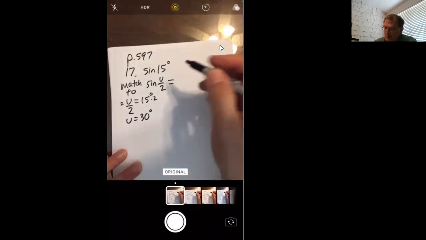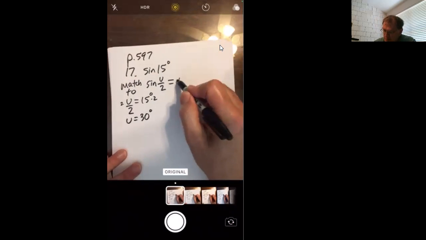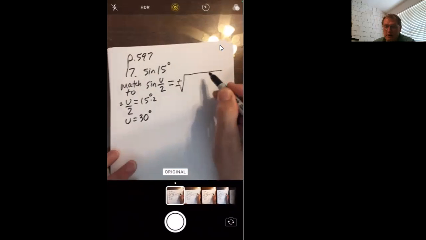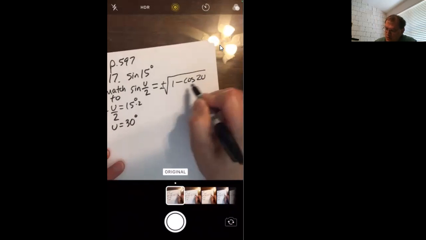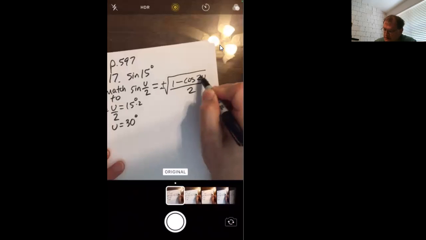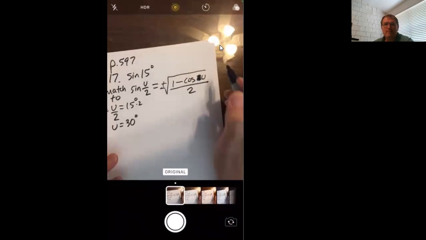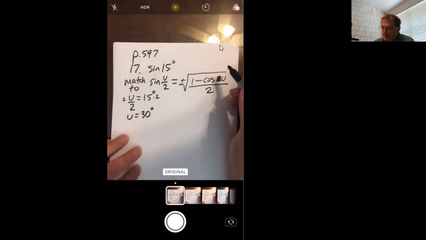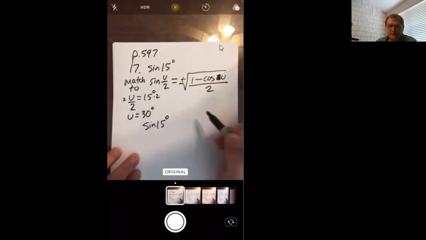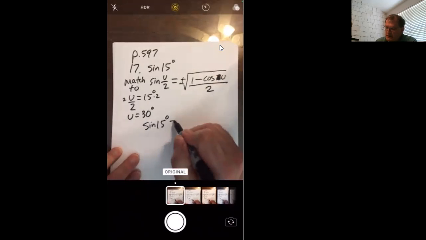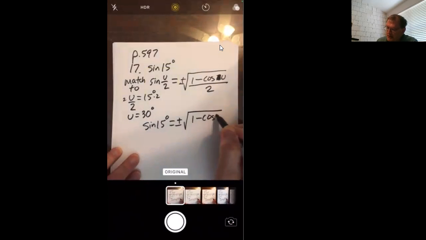Okay, I'm going to write in the formula: plus or minus the big square root of 1 minus cosine of u, straight u, my fault. So sine of 15 degrees is equal to plus or minus big square root 1 minus cosine of 30 degrees, all over 2.